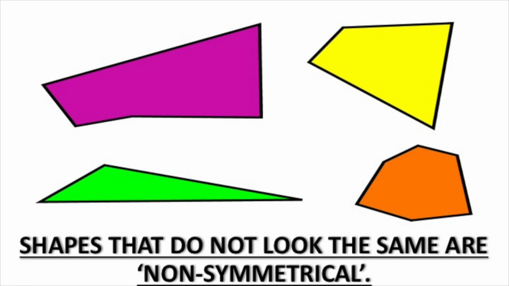Yes, you see the shapes we have here on this slide. They are non-symmetrical. If we draw a line down the center of each of the shapes, will these shapes look the same on both sides? No, they'll be different. So therefore, they are non-symmetrical.